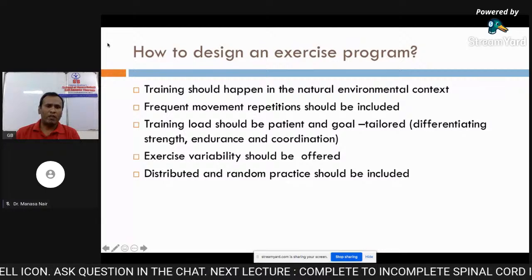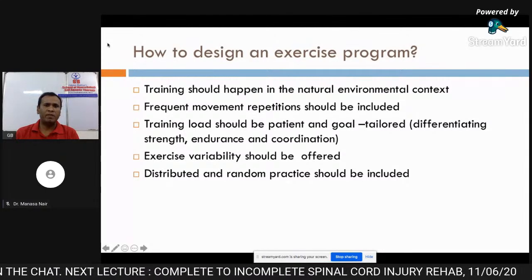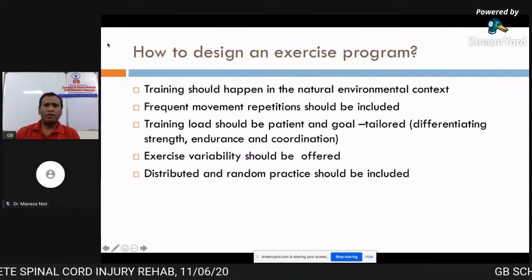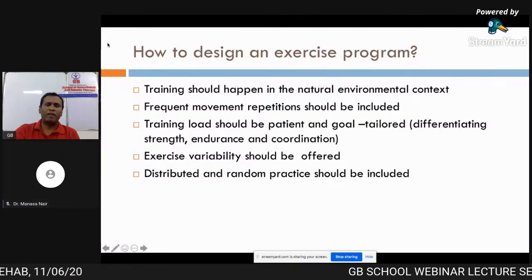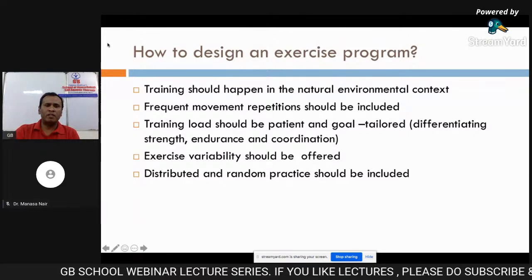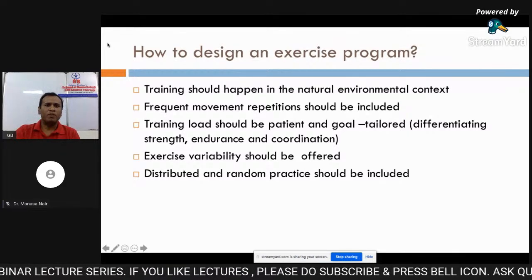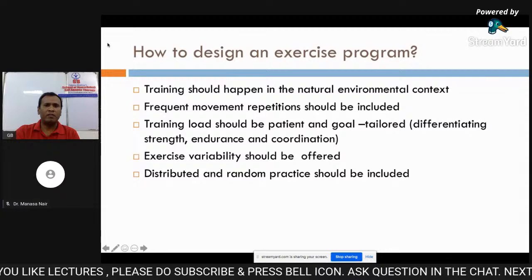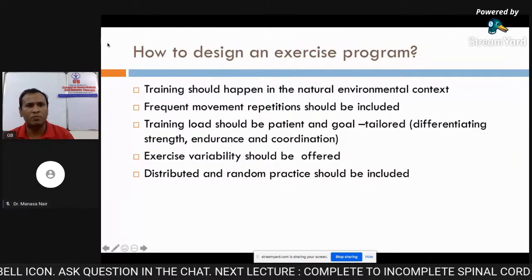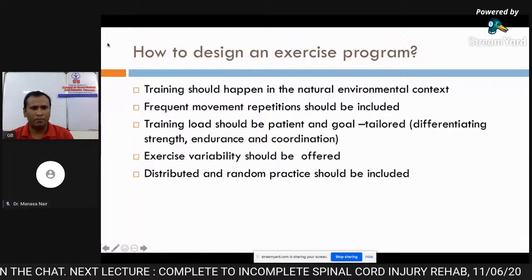So the training load, or the intensity, has to be tailored according to the patient, and also according to the goal accepted by the patient and the therapist. And it should have differentiation in the intensity by means of strength, endurance, and coordination.